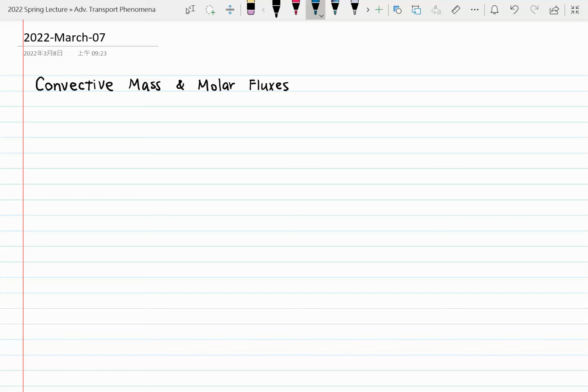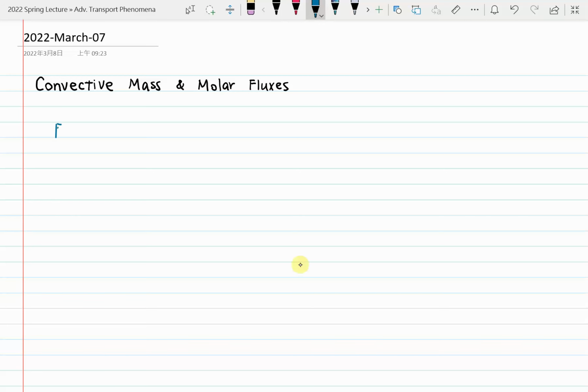Okay, so let's first introduce the concept of an average velocity. Typically we will be looking at a mixture of n species.